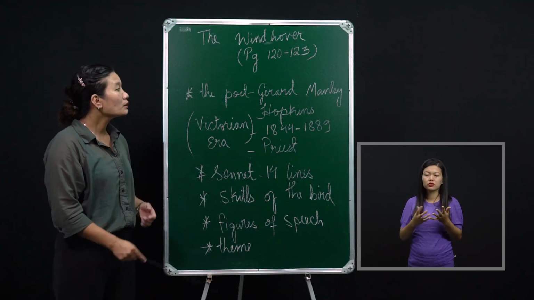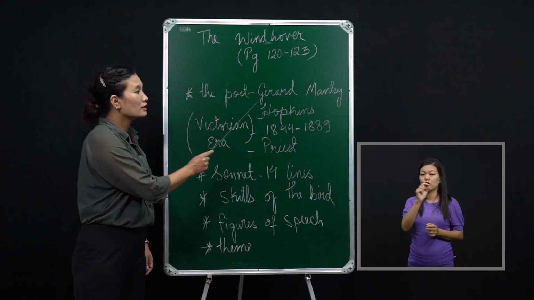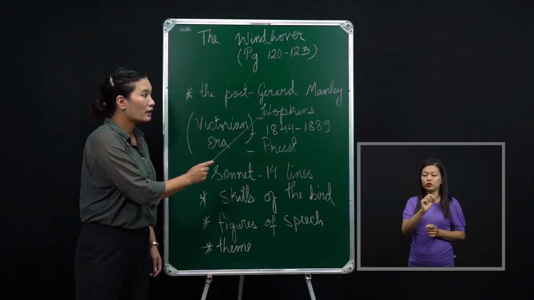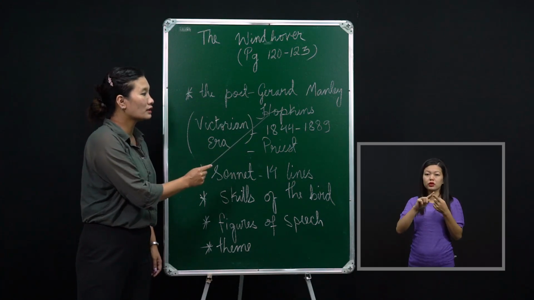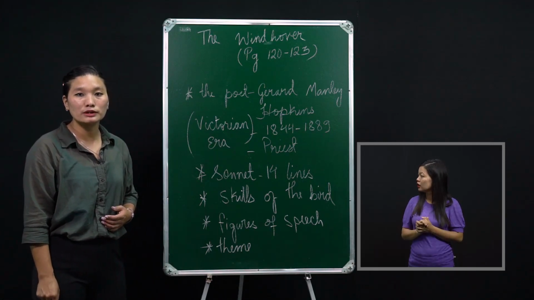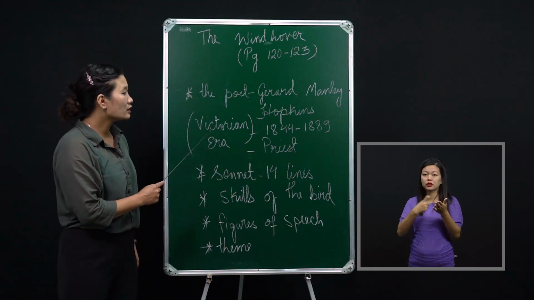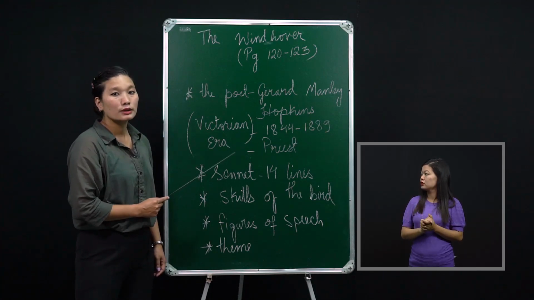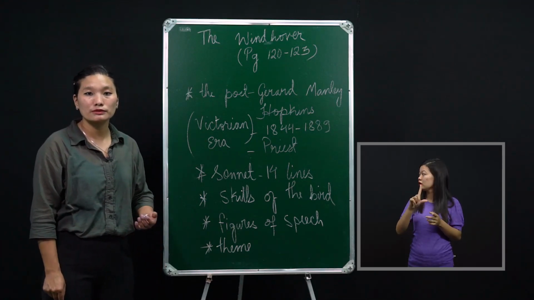Okay, so our poet here is Gerard Manley Hopkins. I repeat, Gerard Manley Hopkins. He was considered to be one of the greatest poets of the Victorian era. Okay, you know, literature has different kinds of eras.